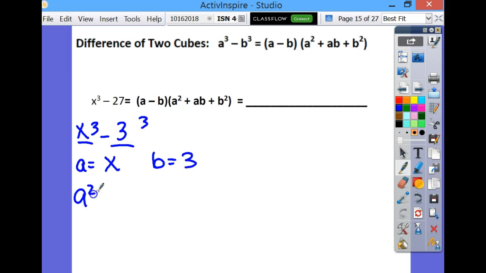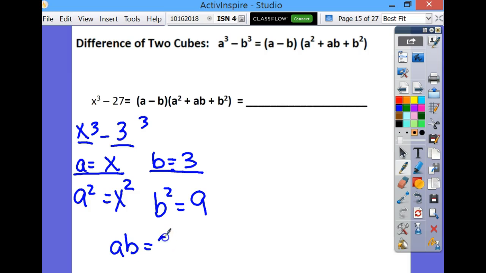So A squared is X squared. Square both sides of this. B squared is equal to 9. A times B is 3X. Now I have all the pieces.